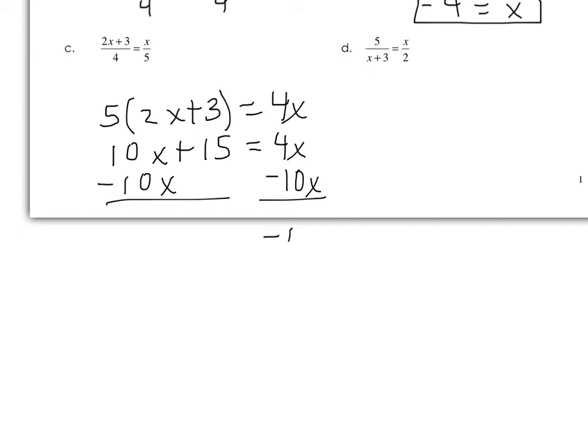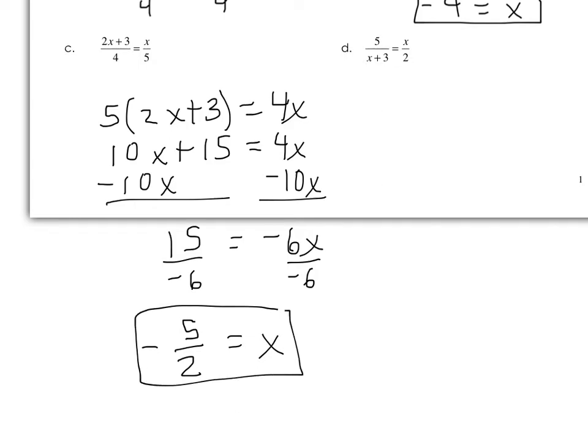And we get minus 6x equals 15. Divide by negative 6, and you get negative 5 halves equals x. That's our solution. You can verify that it's our solution by putting it back in the original problem.